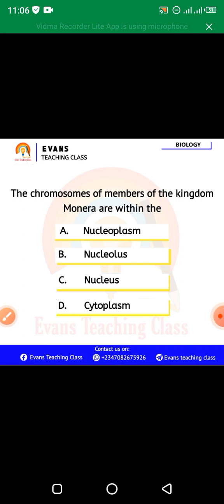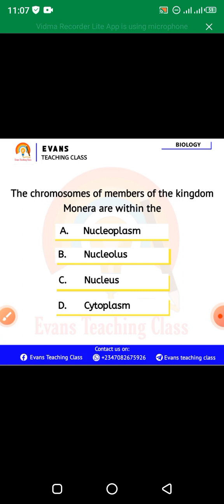The chromosomes of members of the kingdom Monera are within the dash. A. Nucleoplasm. B. Nucleolus. C. Nucleus. D. Cytoplasm. The main example of Monera is bacteria.